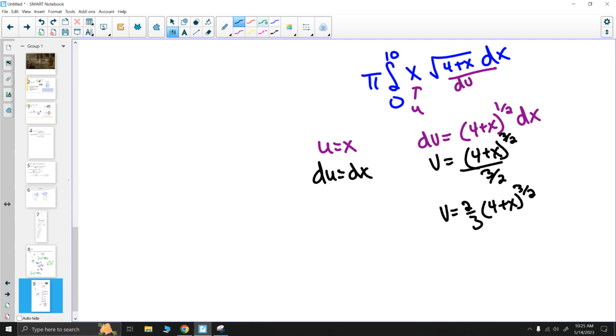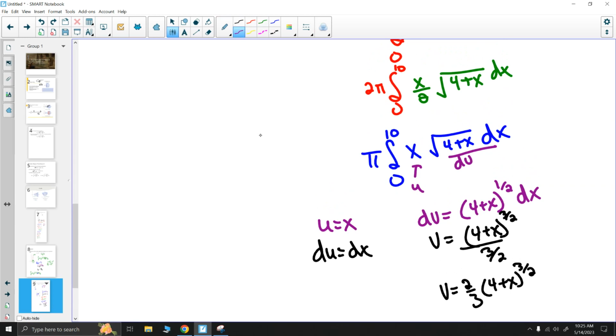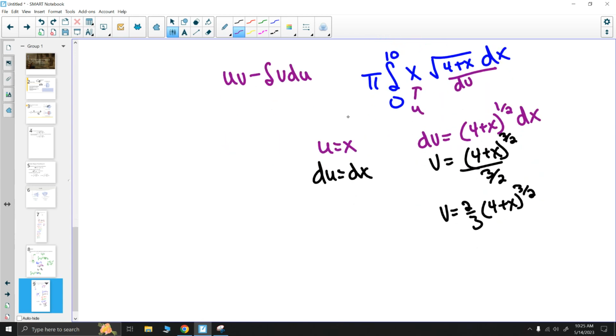All right, so as a reminder, our integral is uv minus the integral v du. That's what we're integrating here with by parts. So we're going to plug this in. We have our u, which is x, and keep in mind we still have a pi out here, okay?